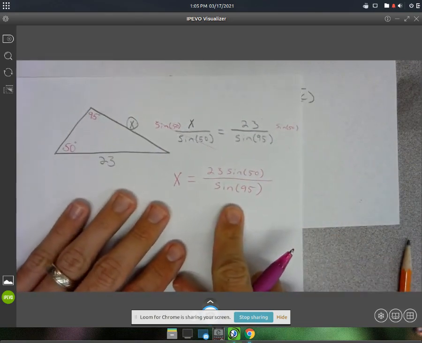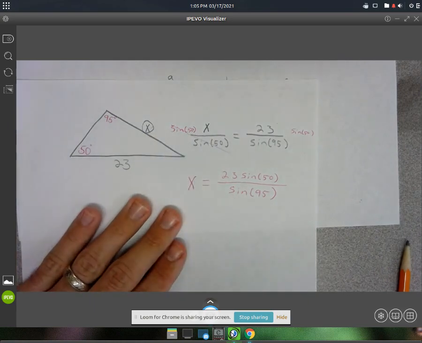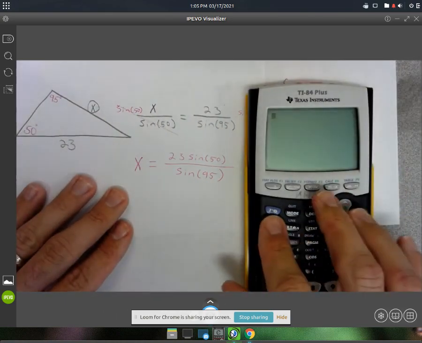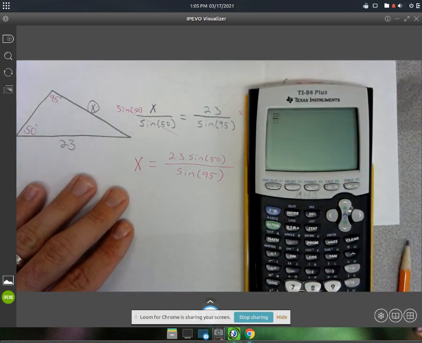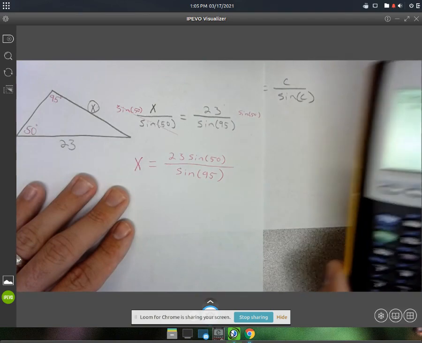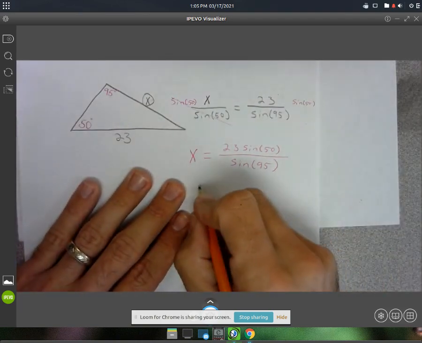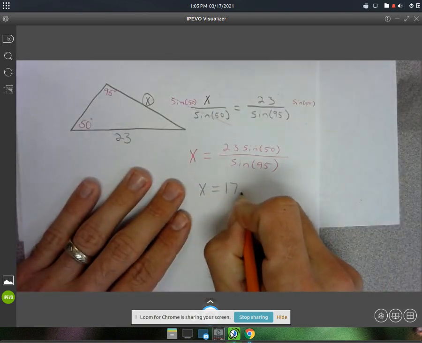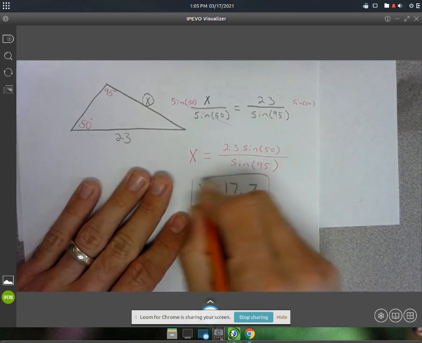Whatever this comes out to is going to be your answer for x. 23 times the sine of 50 divided by the sine of 95 is 17.69. We'll call it 17.7. So x is equal to 17.7.